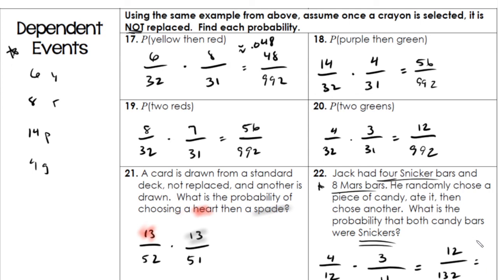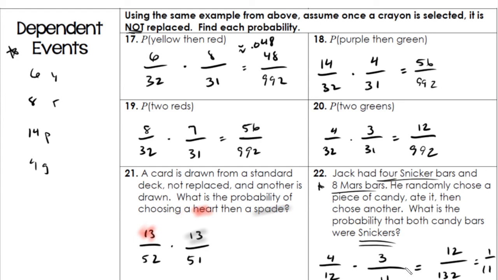So this is going to reduce to 1 over 11. This is an 11, by the way, down here.